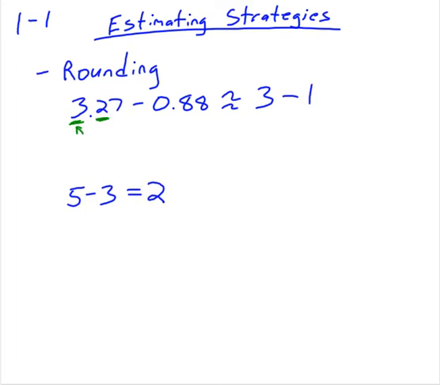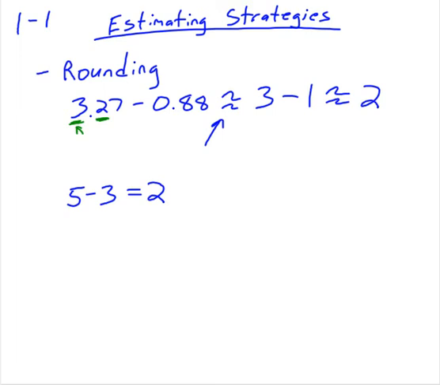And so that's why I use this squiggly symbol here to show approximately equal to. So 3.27 minus 0.88 is approximately equal to 2. 3 minus 1 is 2. So that's a good strategy to use.